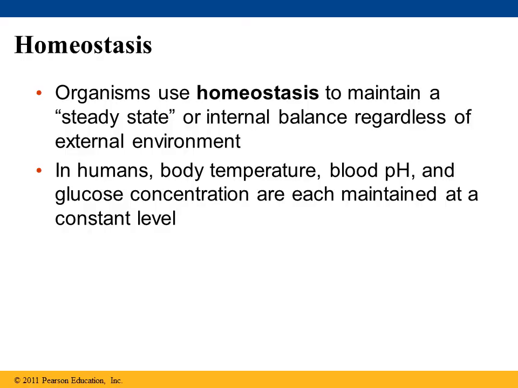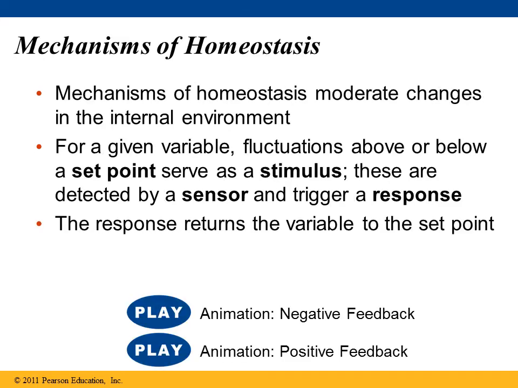So organisms use homeostasis to maintain a steady state or internal balance regardless of the external environment. In humans, body temperature, blood pH, and glucose concentration are each maintained at a constant level by homeostasis. Mechanisms of homeostasis help resist changes in the internal environment.